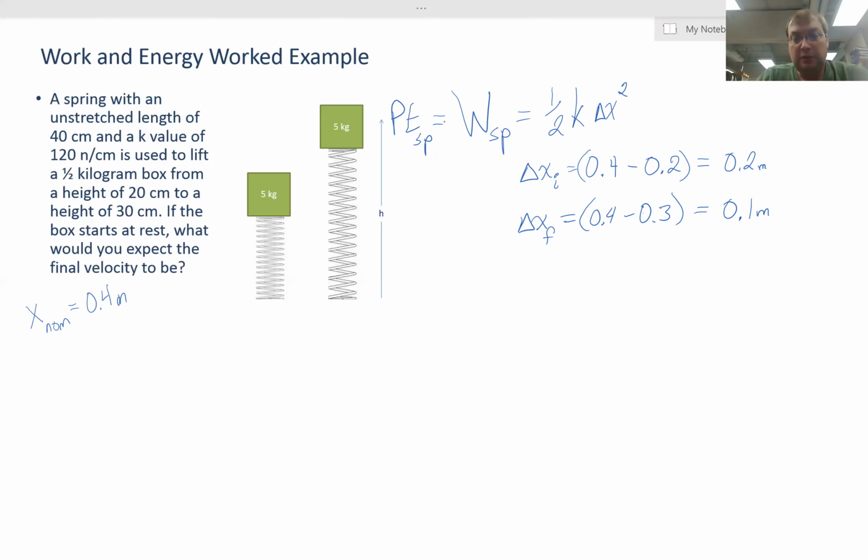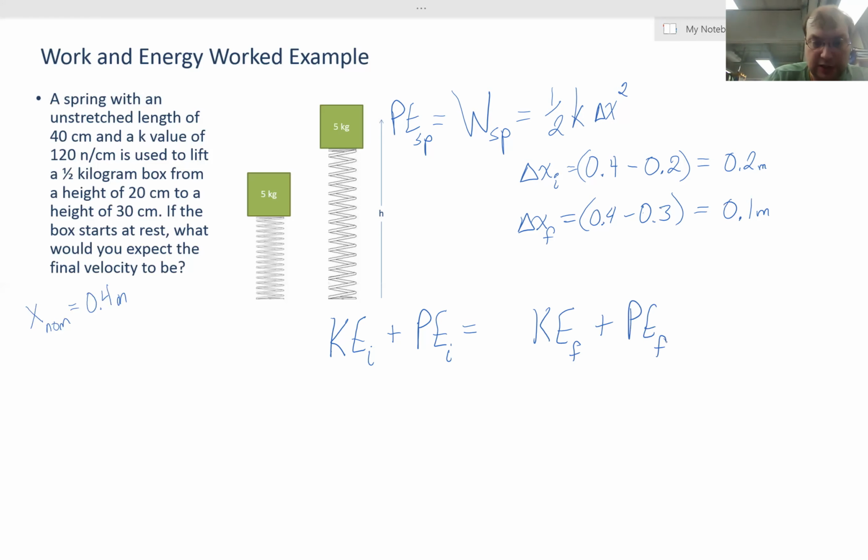If we go into a conservation of energy viewpoint, we have the kinetic energy initial plus the potential energy initial is equal to our kinetic energy final plus our potential energy final.